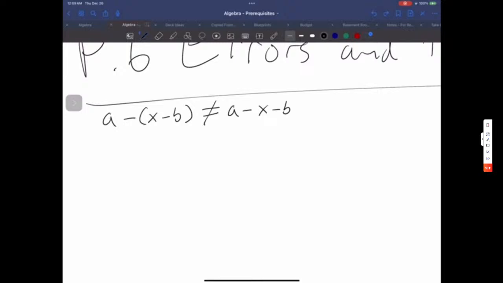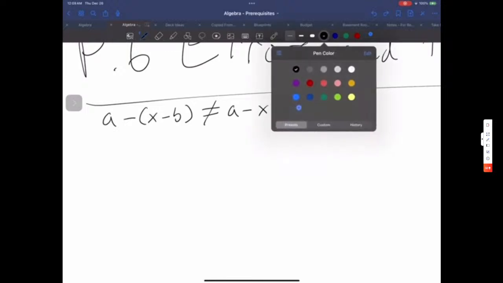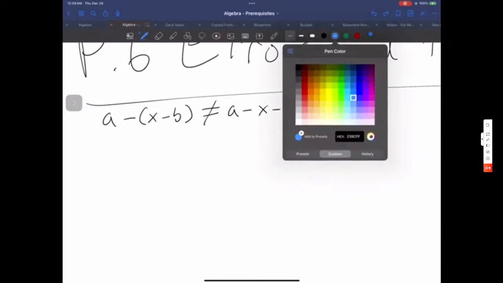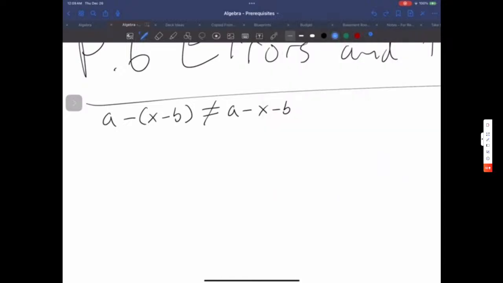We're going to write the correct version in light blue. So you have A minus, and then the minus gets distributed, right? We're going to change it to plus, and we're going to distribute the negative sign.